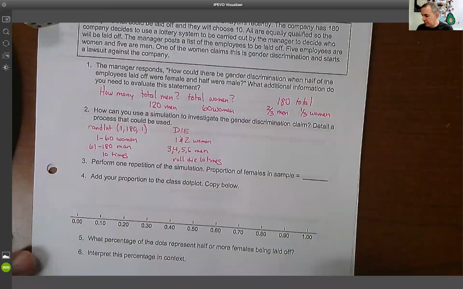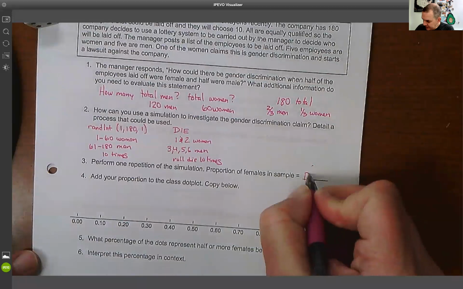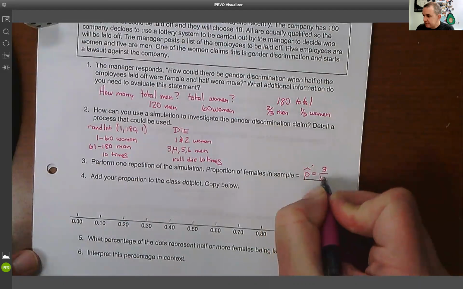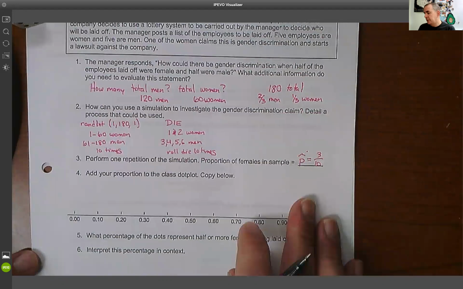That would be 7 men, 3 women. So we ended up getting a p-hat of 3 out of 10. So what we could do is repeat that process.